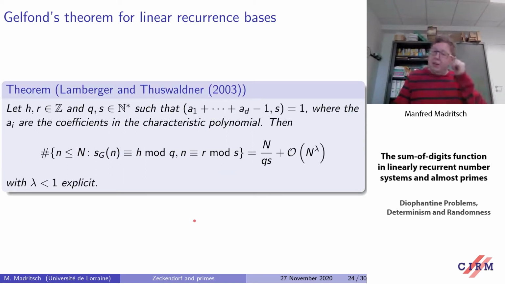For the Mauduit–Rivat result, Mario Lamperger and Jörg Thuswaldner could show that this also holds true in the case of linear recurrent bases. So you take the g-adic sum of digits function, you evaluate it along arithmetic progressions, and you look in what residue class the function falls, and you get that they are equally distributed in residue classes.